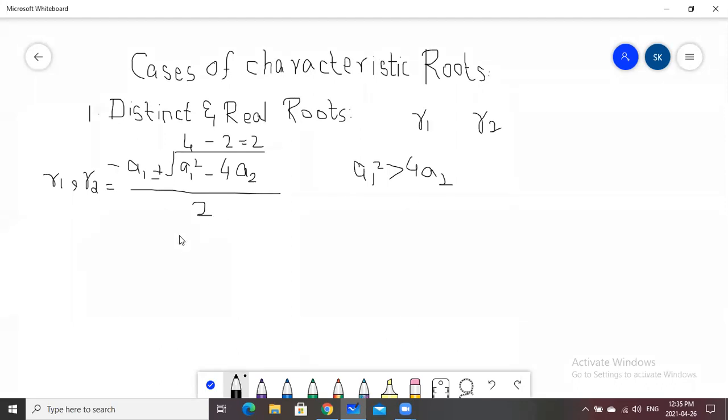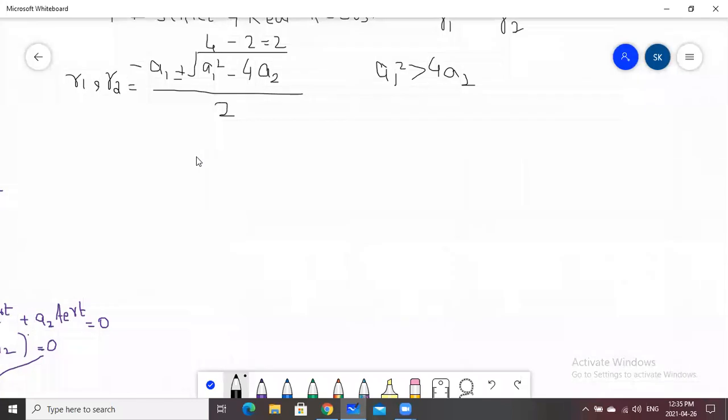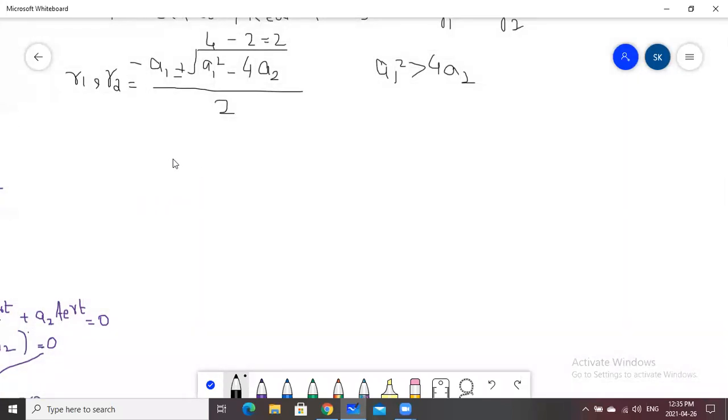Now let us study the case of distinct and real roots with the help of an example, where the second order differential equation is: the second order derivative y double prime of t, its coefficient is equal to 1, plus the first order derivative y prime of t, again its coefficient is 1, minus 2y is equal to minus 10.